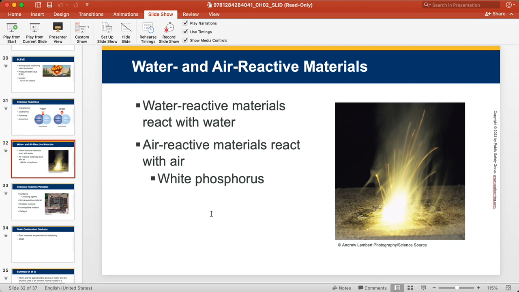So we have materials out there that are compounds, right? They're molecules that are combined with other types of molecules to make a substance. So sodium by itself is an element, but they mix it and they use sodium in explosive manufacturing, that type of thing.